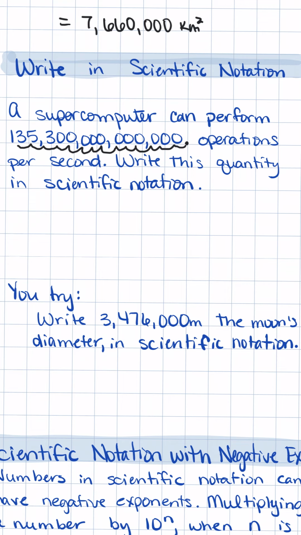So we're going to call this 1.353 times 10 to the 14th power. Okay, so that is the scientific notation. This is called standard form. This is called scientific notation.